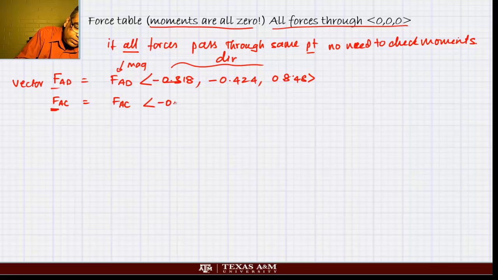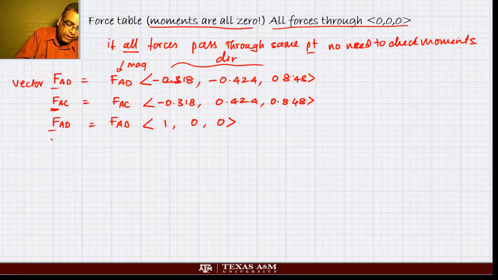The next one is minus 0.318, 0.424, 0.848, and then FAD equals FAD unknown, 1, 0, 0, and then W equals 1 pound 0, 0, minus 1. It's in the Z direction.